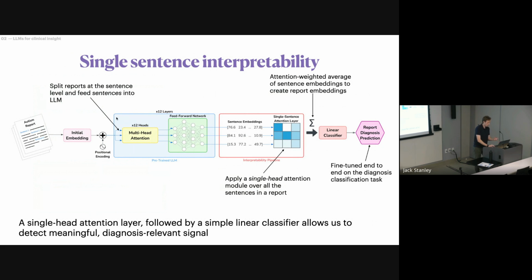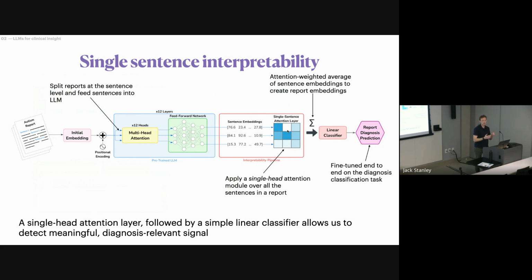So again, very simply, for each report, we split reports at the sentence level and fed the sentences into the LLM. So the pre-trained LLM essentially handled the in-context learning of single sentences at this point. Then the output of that is mean pooled sentence embeddings that we have for each document. And then we applied a single head attention layer, which is much more interpretable than this long multi-layer, multi-head transformer layer, to identify the most important sentences in each report.